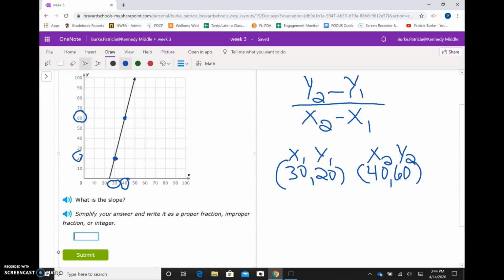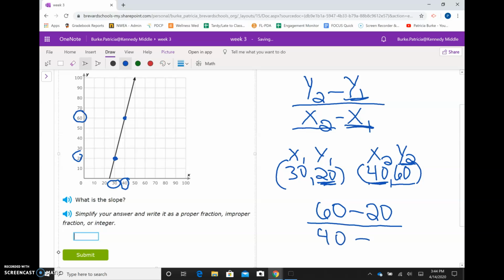Now you fill in your formula. Your y2 is 60. What is the y1? Your y1 is 20. Your x2, that's 40.